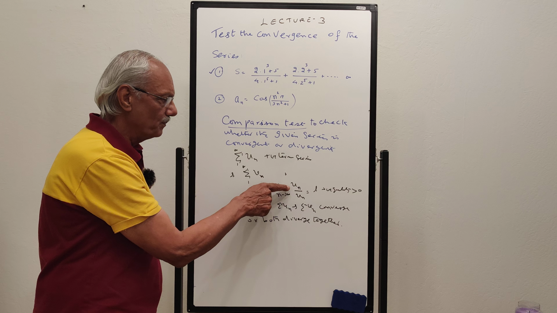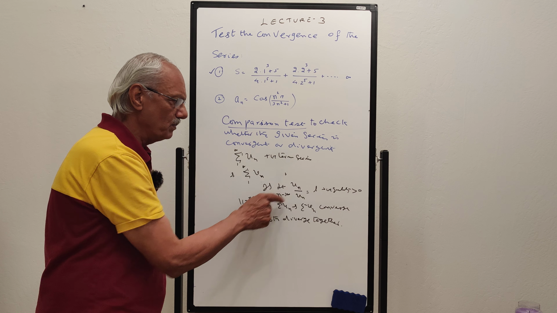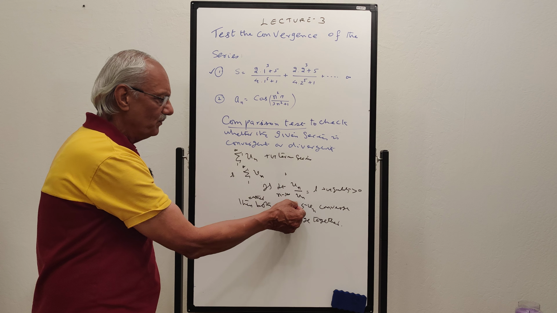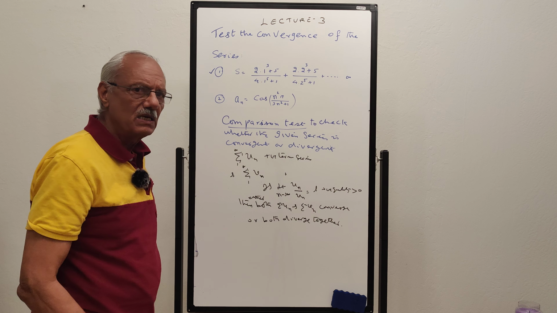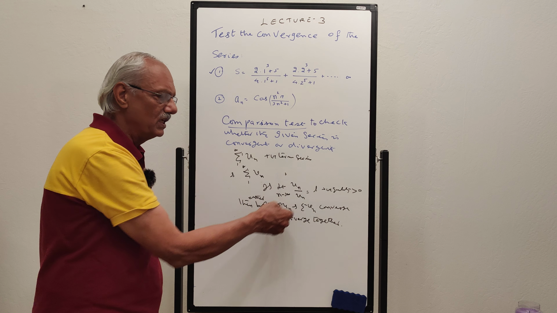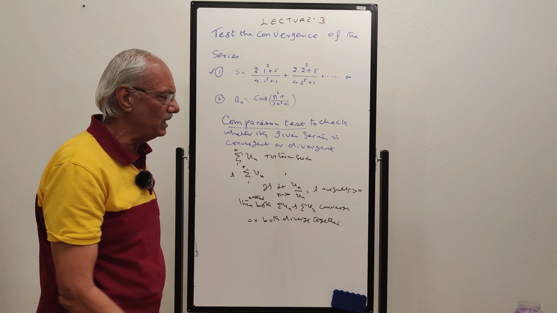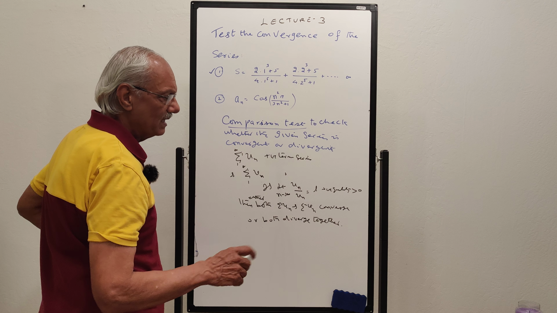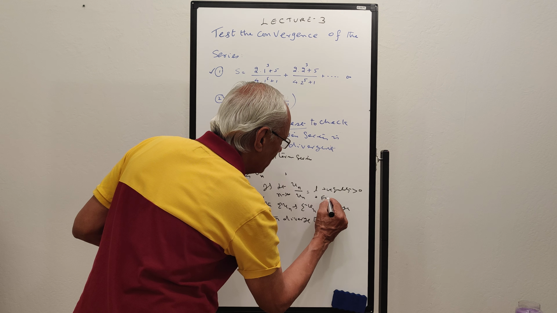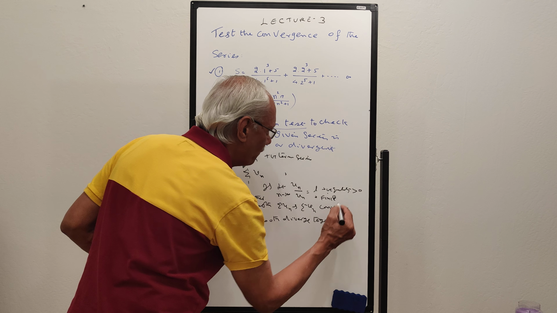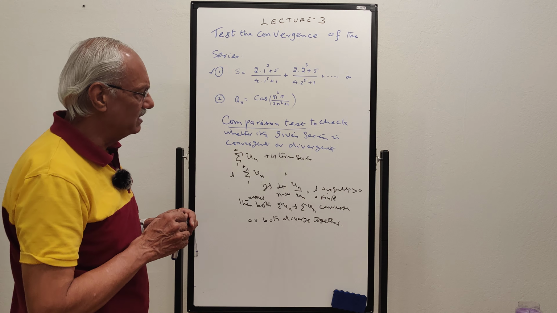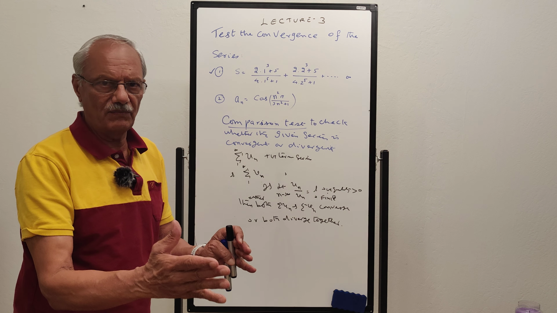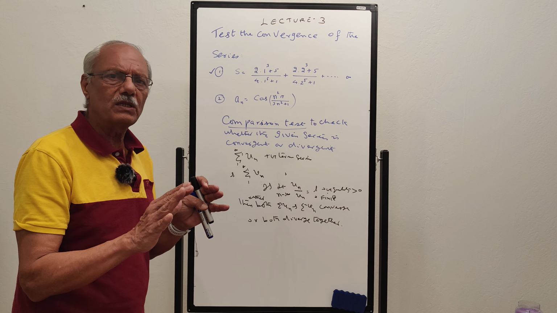If the limit as n tends to infinity of un by Vn, where un is the nth term of the first series and Vn is the nth term of the second series, is a finite limit greater than 0, then either both converge or both diverge. This is what is called the comparison test.